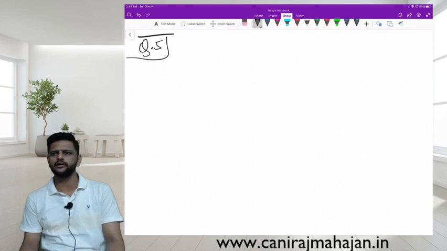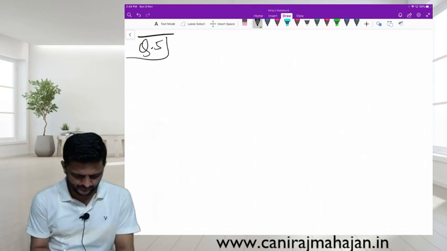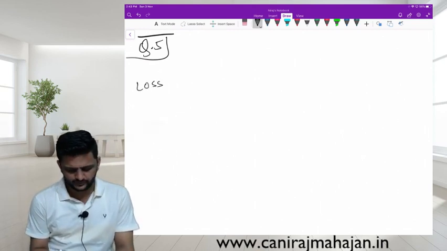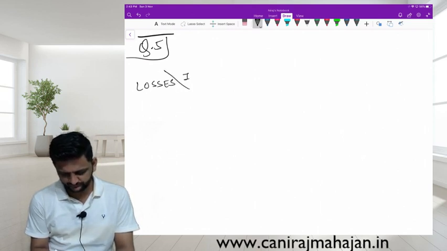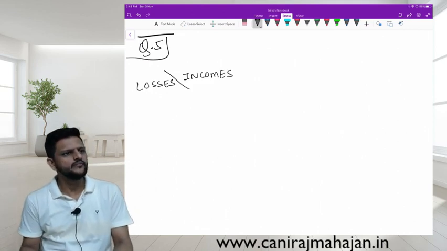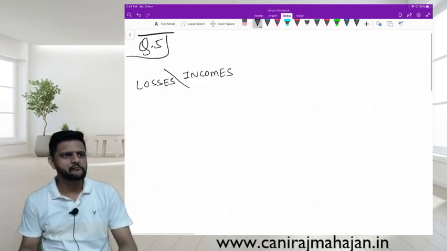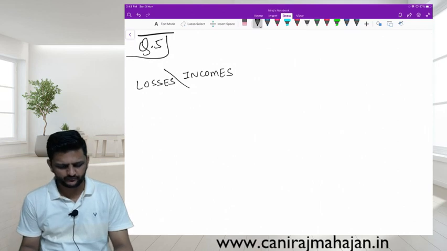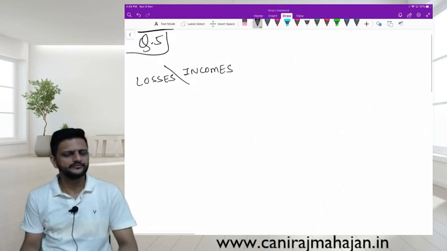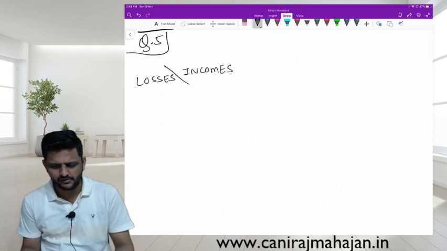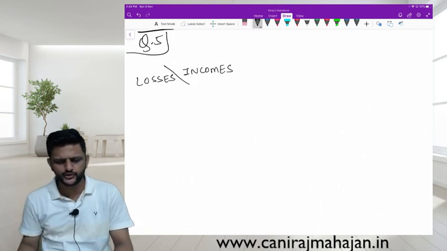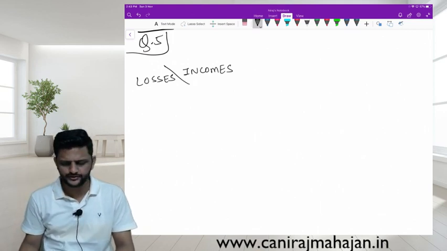What table we make? Losses and incomes. Okay, loss. So there is only one income or multiple income? So no income. Okay. Go as per sequence of the question. First, what do you see? Positive, negative? Positive.